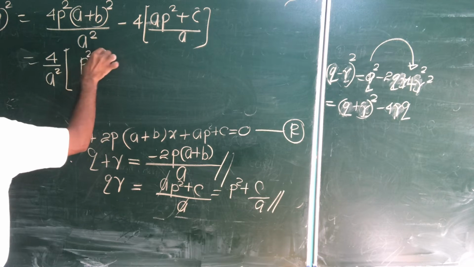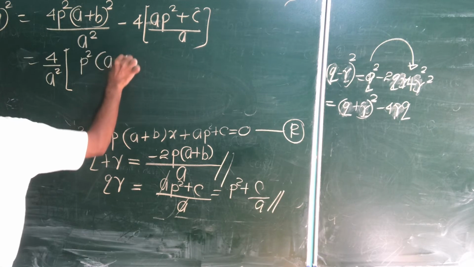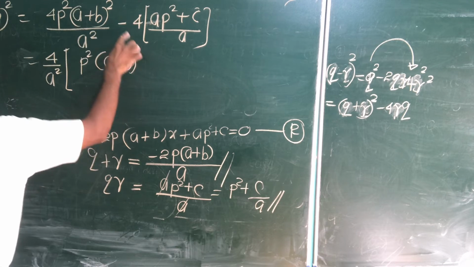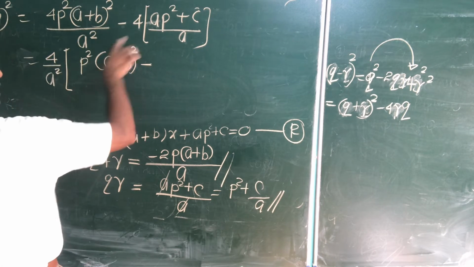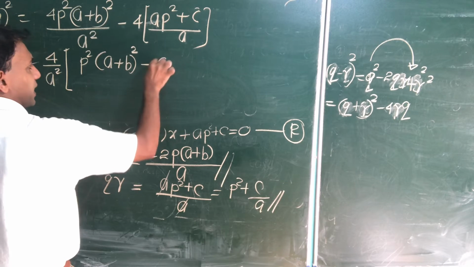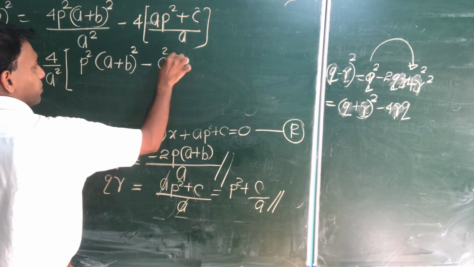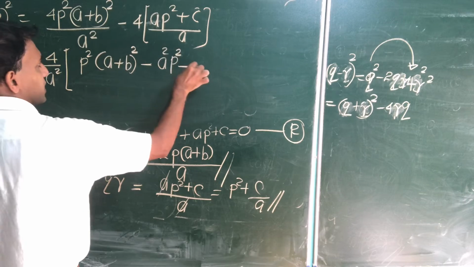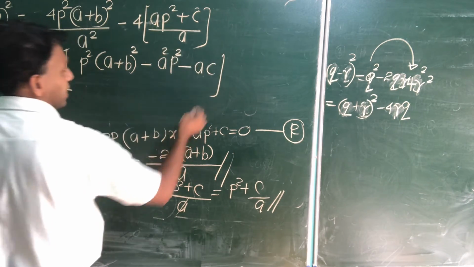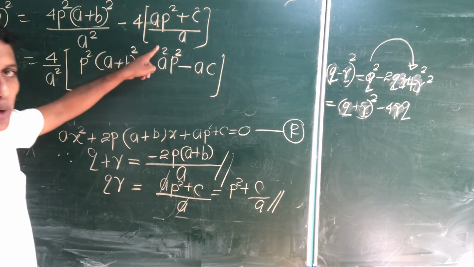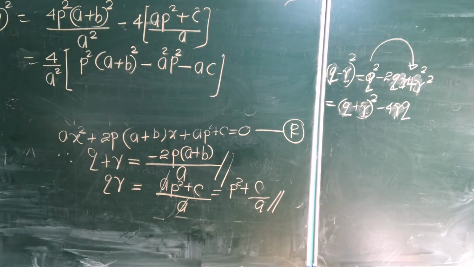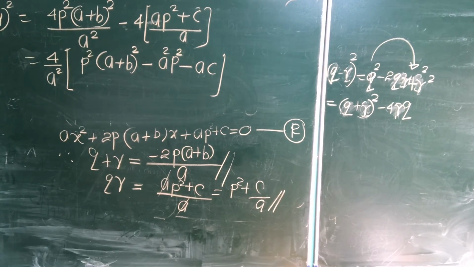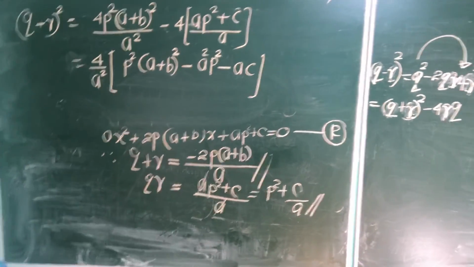Then here p square into a plus b all things square minus 4 is out, 1a square, then multiply a, a square p square minus ac. Is it okay? I took the a square out, right? Therefore multiply a here, multiply a. So minus a square p square minus ac, 4 is taken out, right?